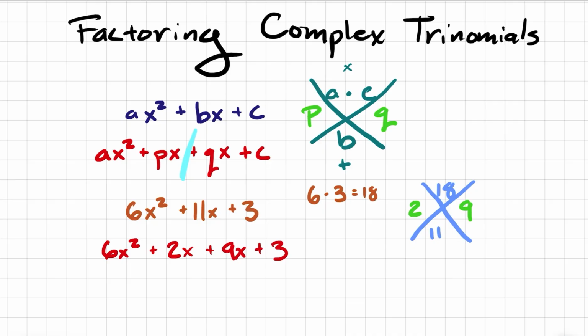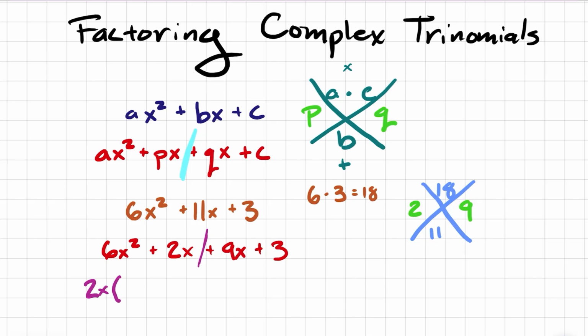Then I'm going to factor by grouping, where I split it in half and I look for the greatest common factor between the two of them. First, looking at this half over here, I have 6x squared plus 2x. The greatest common factor between them, if you want to think about it, feel free to pause the video, is a 2 and an x.